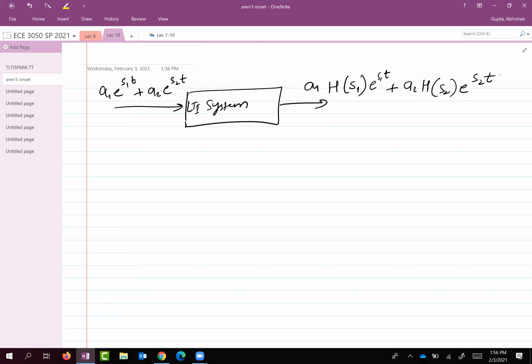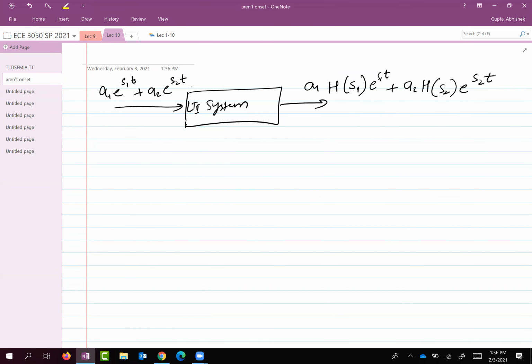Once you know this function H(s), no matter what s1, s2, s3 you pick on the input side of the system, the output is going to be very easy to compute. We don't need any convolution, we don't need any particular solution or homogeneous solution. Given the exponential input, we can readily compute the output of the LTI system. That's the beauty of an LTI system.